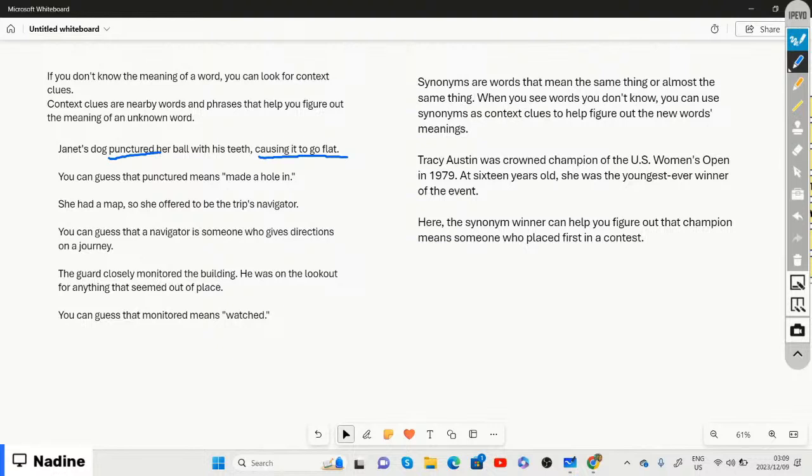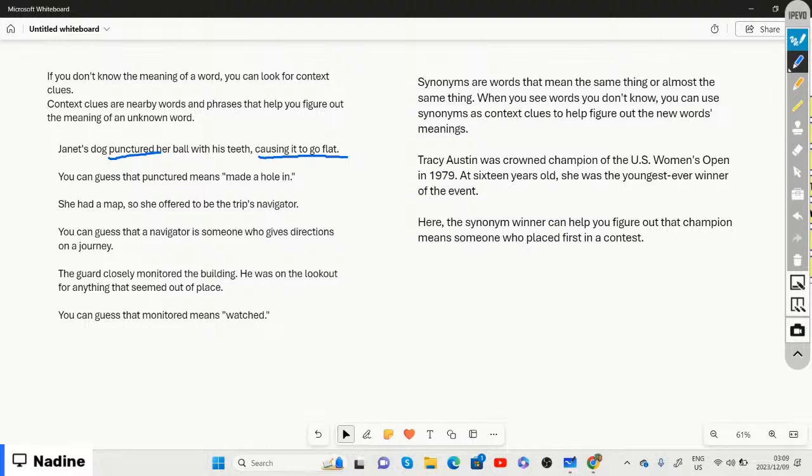She had a map, so she offered to be the trip's navigator.